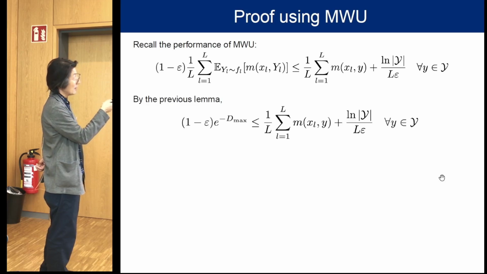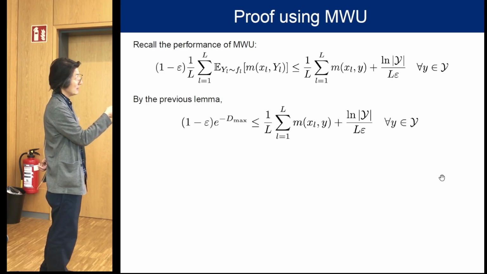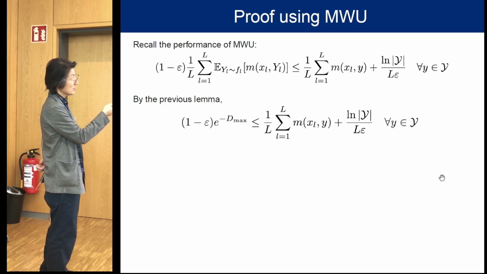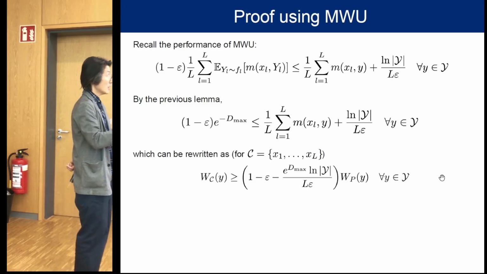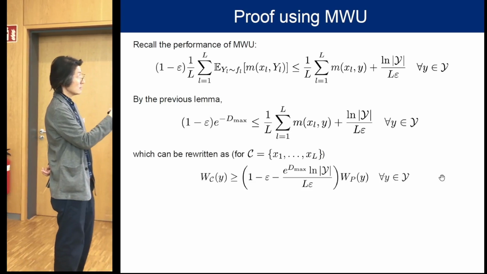So each term can be lower bounded by e to the power minus d max. So the left-hand side is bounded by 1 minus epsilon times e to the power minus d max. And this holds for every y.